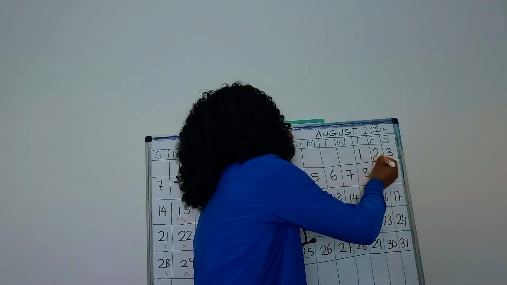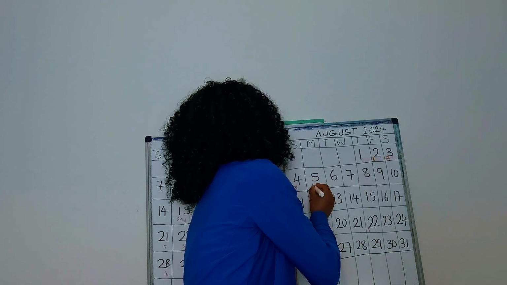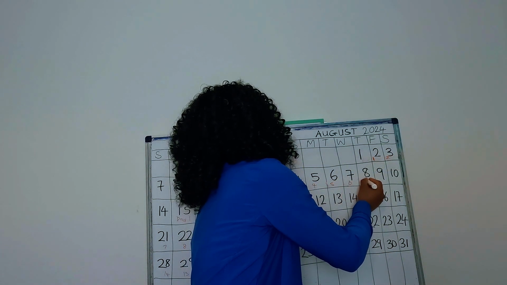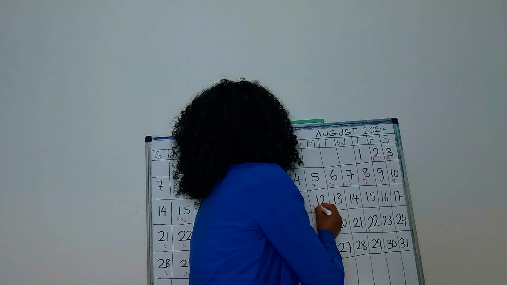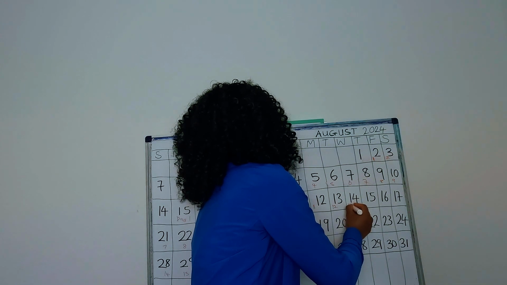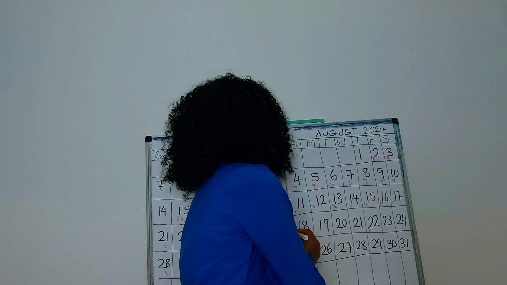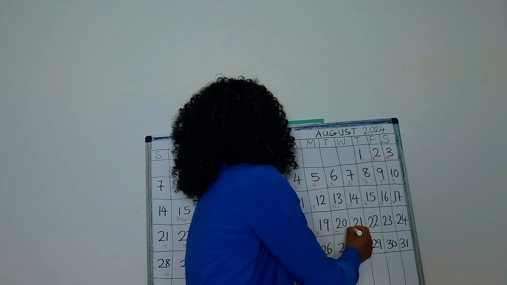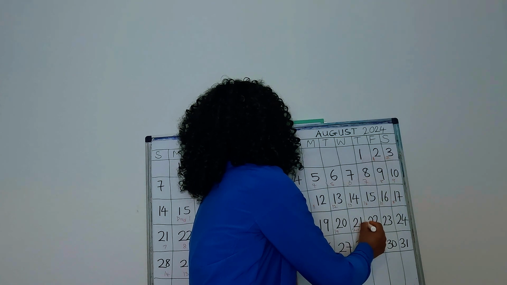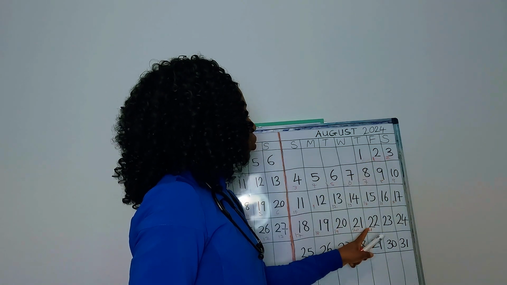I'll count from that day: 1 2 3 4 5 6 7 8 9 10 11 12 13 14 15 16 17 18 19 20 21. Okay, so my cycle is a 21-day cycle from the 2nd to the 22nd.